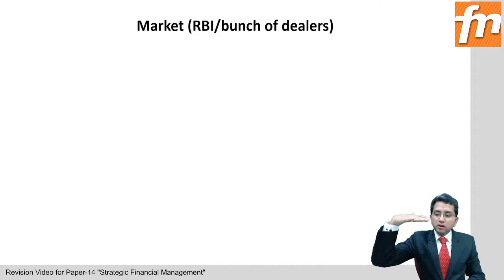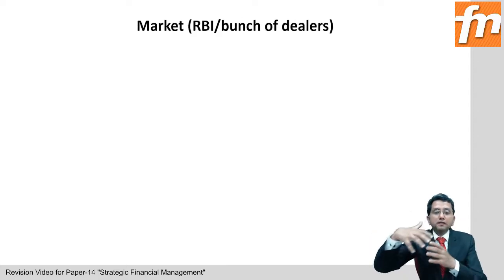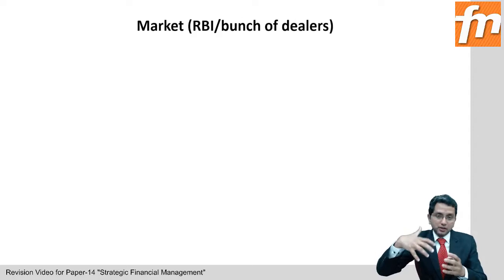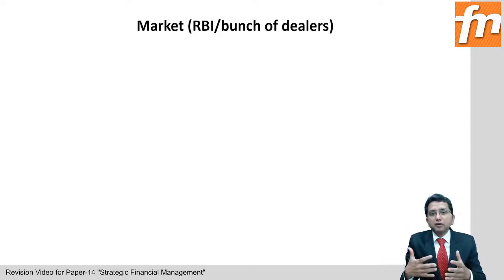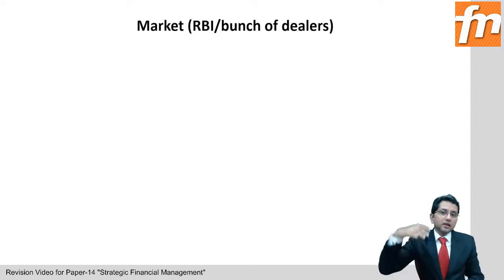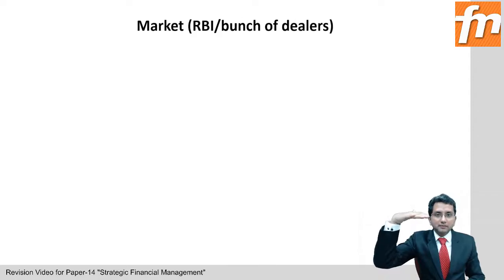The topmost authority in the foreign exchange market is the market itself. Just for the sake of our understanding, we can say market means Reserve Bank of India. Practically, market is not Reserve Bank of India. It's a bunch of foreign exchange dealers who are dealing with each other. But for the sake of easy understanding, let's say the top authority is the market, that is the Reserve Bank of India.